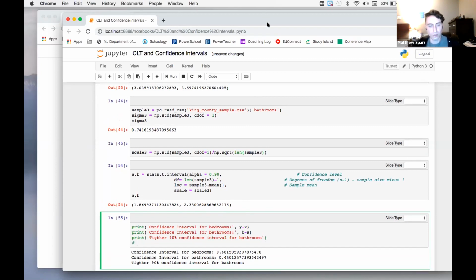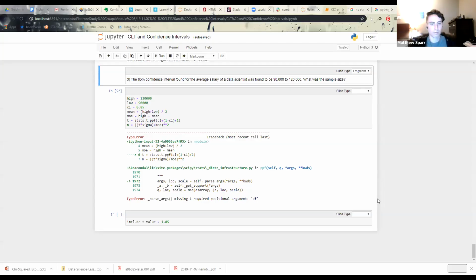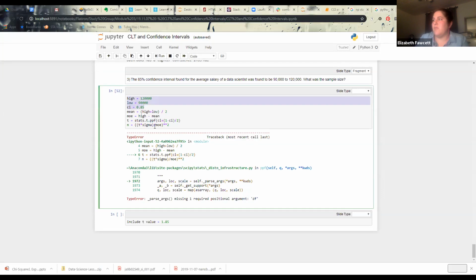All right, so then number 3. Okay, so this is what I got for number 3. The first thing I did, I set all the parameters they gave us in the problem up, and then I solved for my mean first.